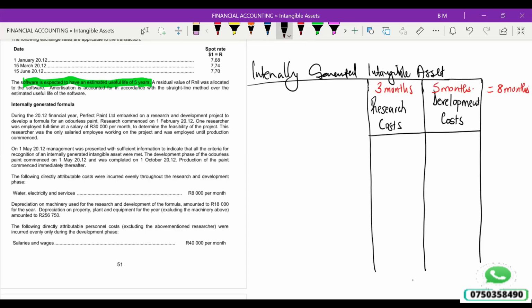So let's start attributing our cost. We have the salary of the guy who was researching. They said that there was one researcher who was employed full-time at a salary of 30,000 per month.